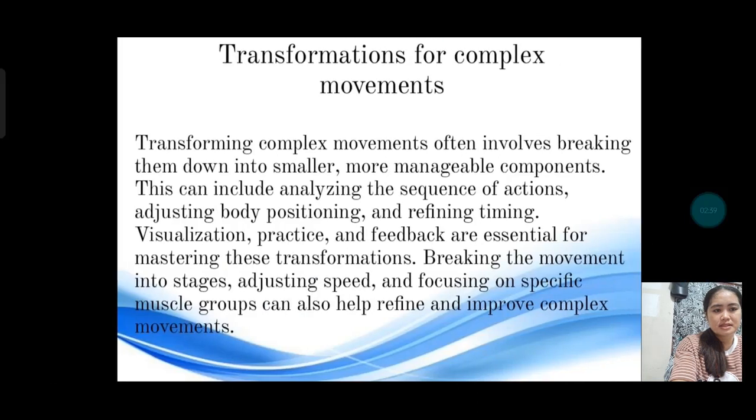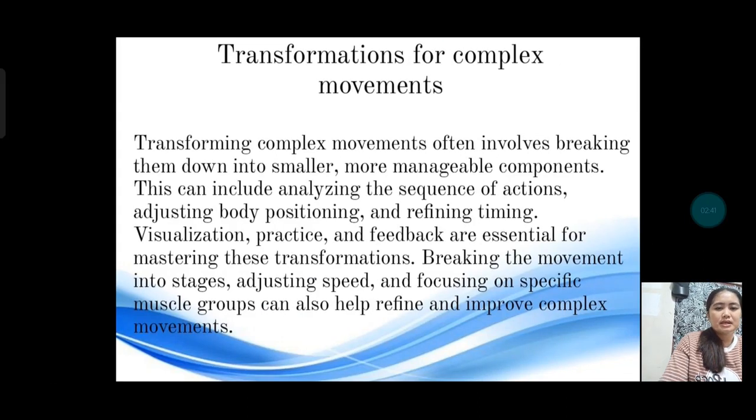And next, transforming complex movement often involves breaking them down into smaller, more manageable components. This can include analyzing the sequence of actions, adjusting body positioning, and refining timing.